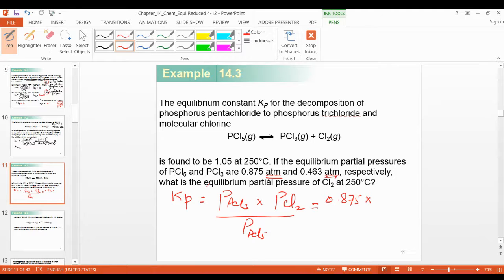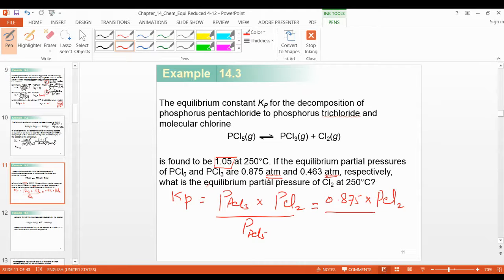Multiplied by Cl2. Where is the Cl2? Oh, you have to determine the equilibrium partial pressure of Cl2, and Kp is given here. Okay, Kp is given, and this you have to determine.